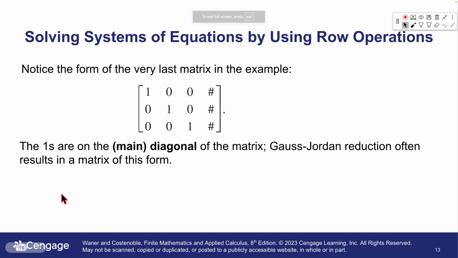We ended up with, so the whole process is to get ones in the diagonals. Again, we do that first. We start getting zeros below and above the diagonal, and this is going to be that x equals whatever number's there, and so forth.